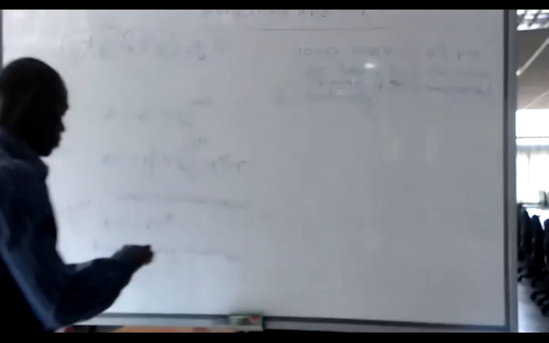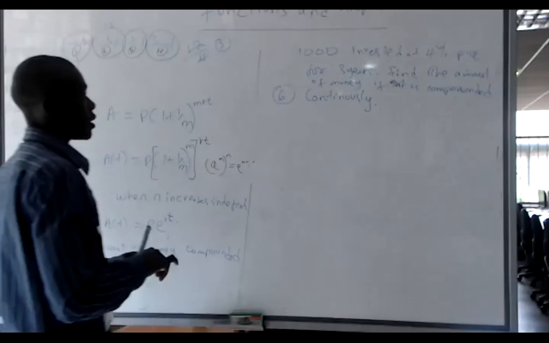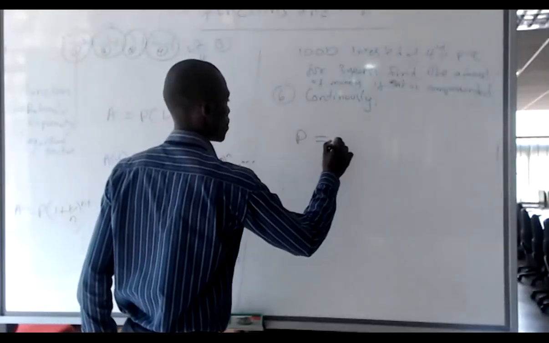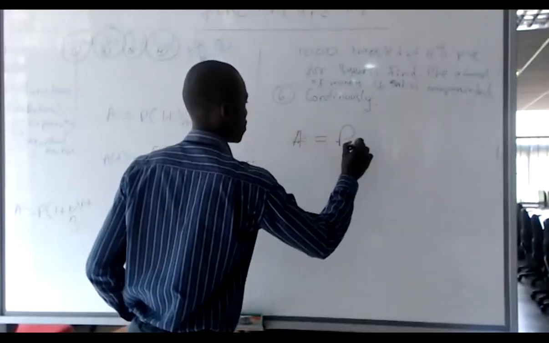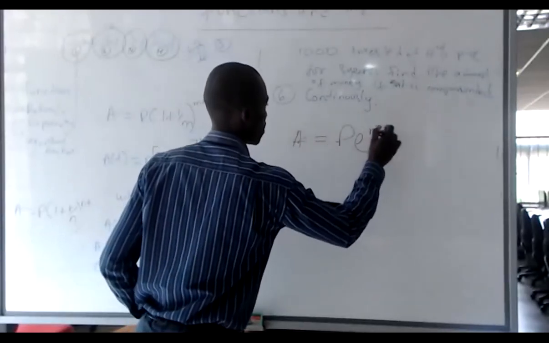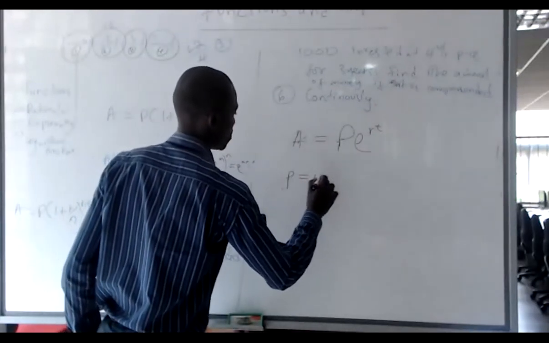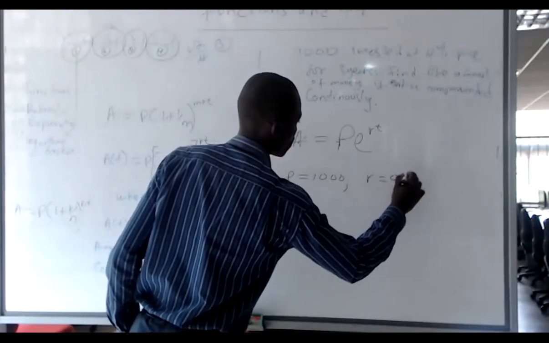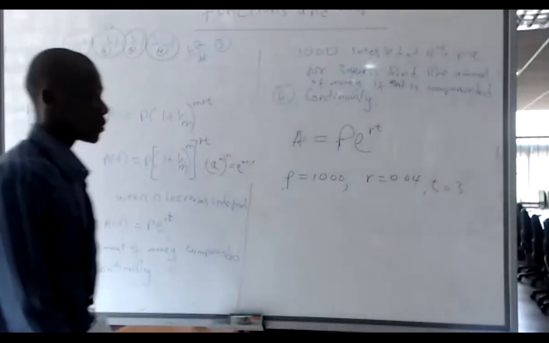So we want to calculate the amount of money compounded continuously for 3 years. In the formula, A is P exponent RT. We know from the problem that P is 1,000, R is 0.04, it's 4%, and T is 3 years.